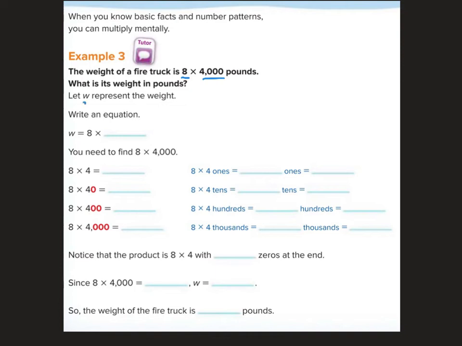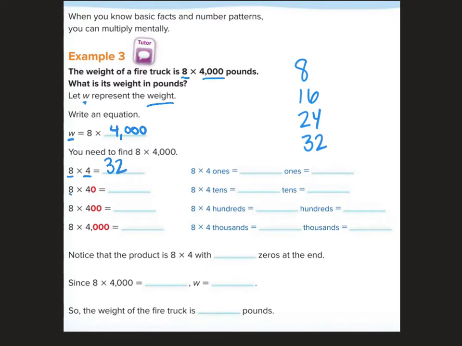Let W represent the weight. Write an equation. So the weight is 8 times 4,000, right? So we need to find 8 times 4,000. We already know about that. So 8 times 4. So 4 groups of 8: 8, 16, 24, 32 if I add 8 each time, I'd get to 32.